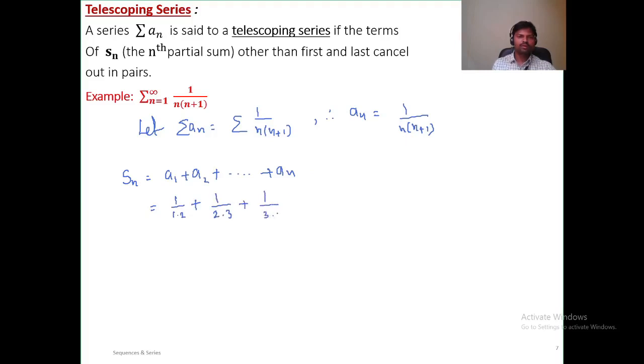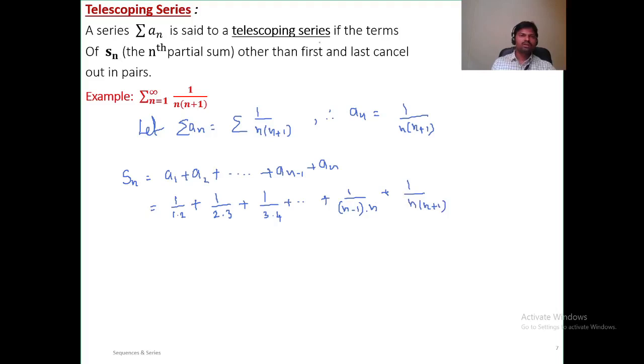Plus up to so on, aₙ₋₁ plus aₙ. Let me write one term extra, but it is the sum of first n terms only. What is aₙ₋₁? 1 upon (n minus 1) into n. Plus, what is aₙ? 1 upon n into (n plus 1). Yes, Sₙ is written.